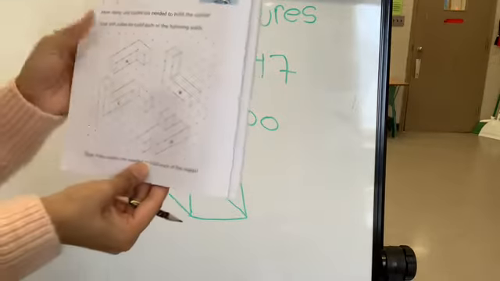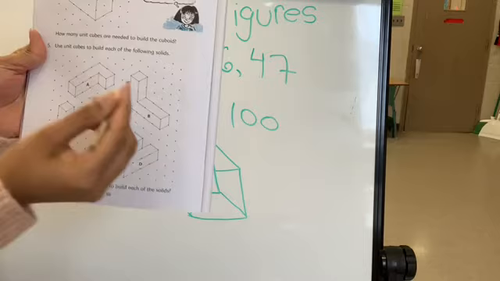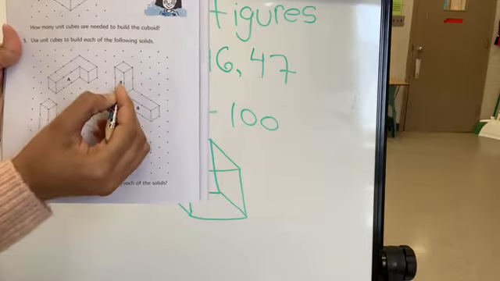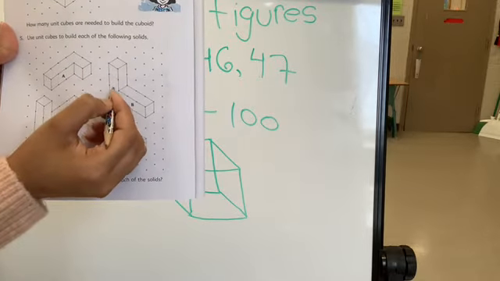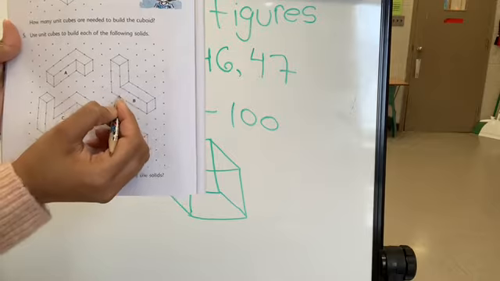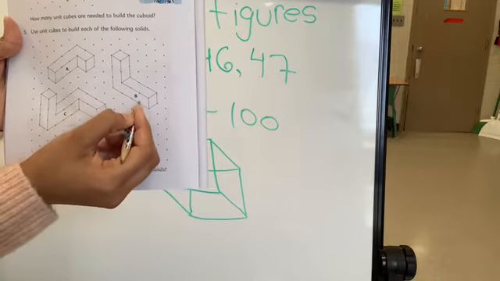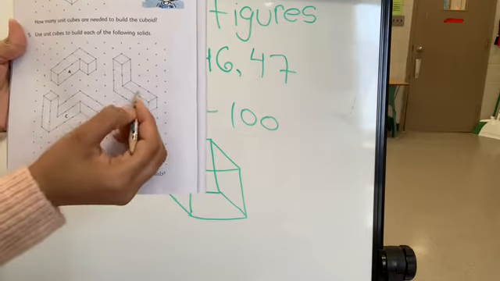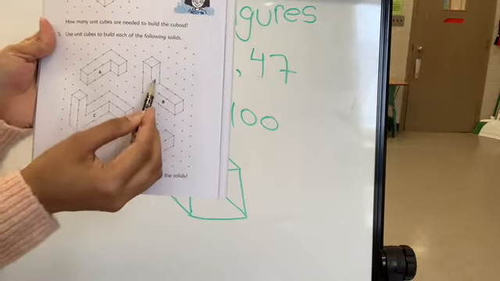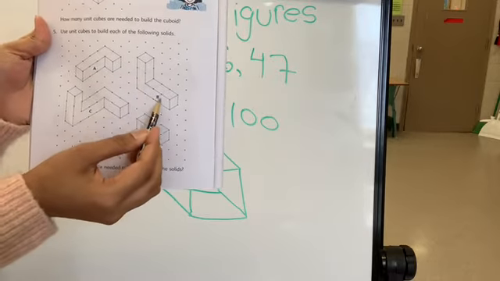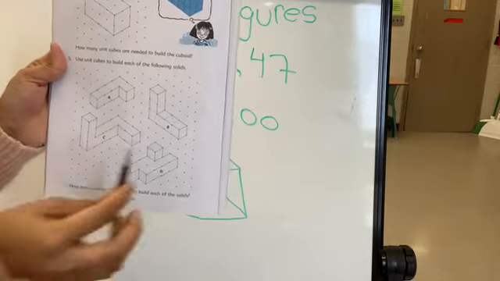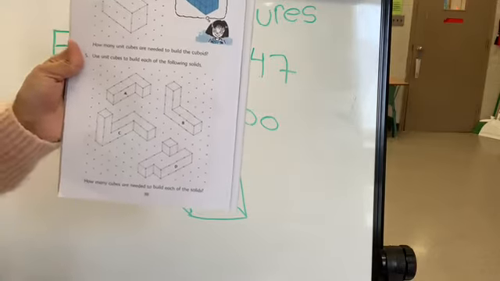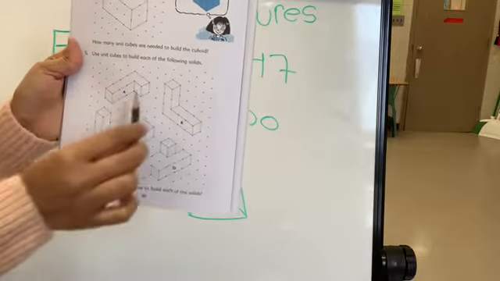Next one, we have, again, this one. So we are going to do this, 1, 2, 3, 4, 5. Okay, so let's count 1, 2, 3, 4, 5, 6. There are 6 cubes in this solid figure.